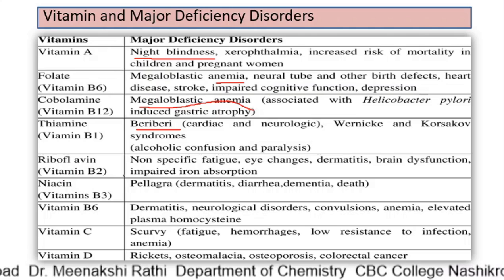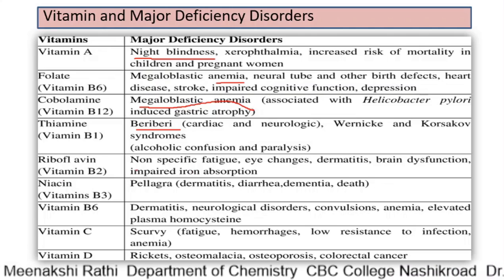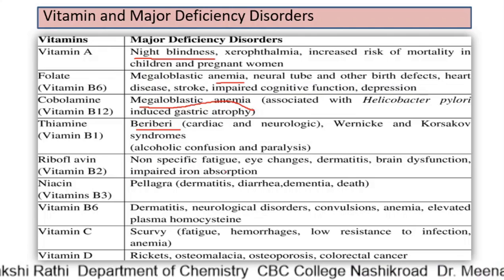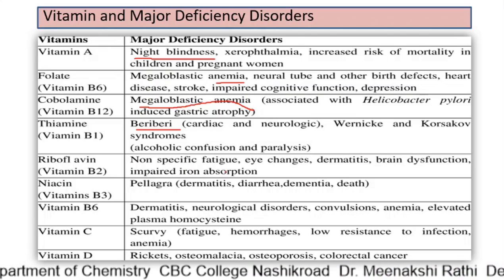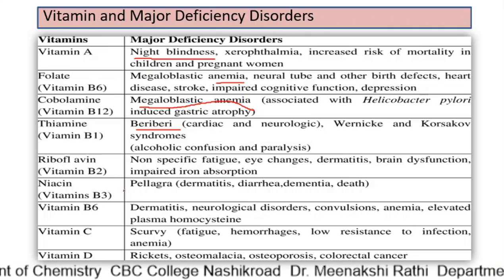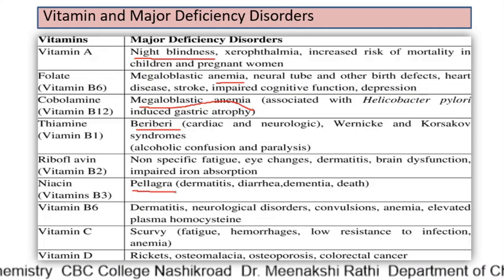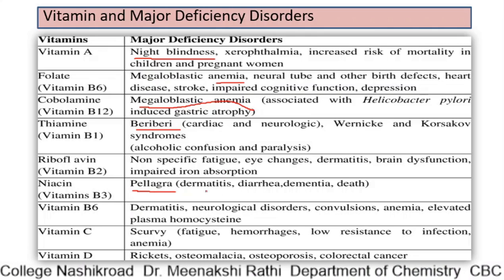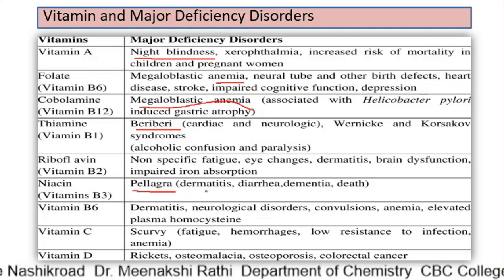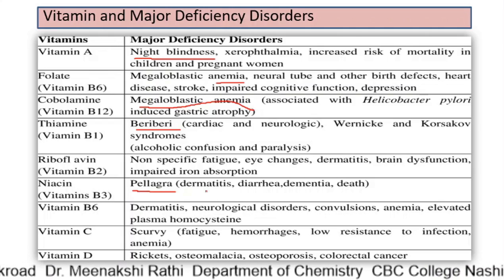For riboflavin, it's not a very specific deficiency, but fatigue, eye changes, dermatitis are the disorders. For niacin, the major disorder is pellagra, which is related to 4Ds, which we already discussed.